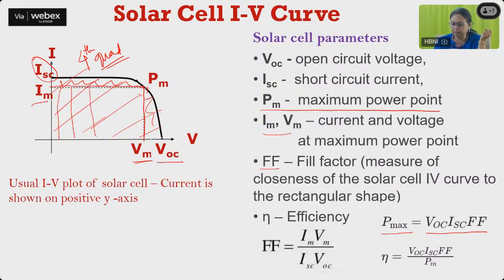This is the P max, and P in is the solar power, like 100 milliwatt per centimeter square. So this is the efficiency of a given solar cell. And fill factor is defined as Imax times Vmax upon Isc times Voc. So these are the different parameters by which you define a solar cell.